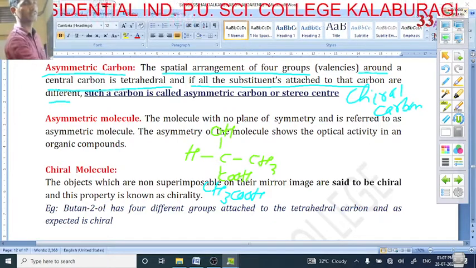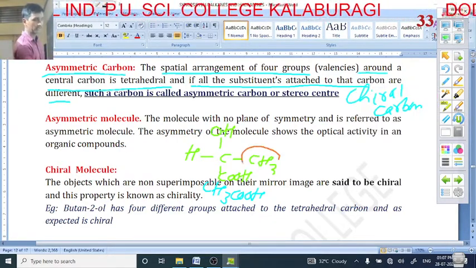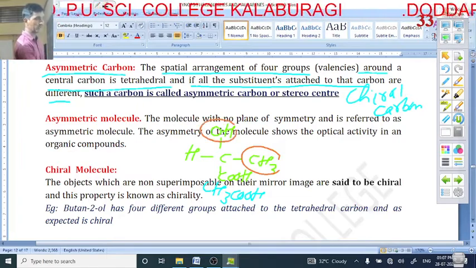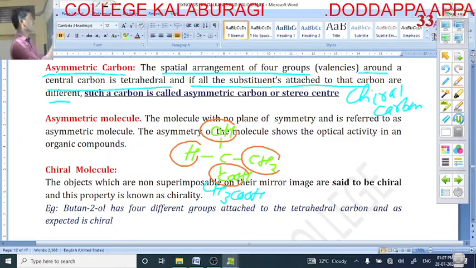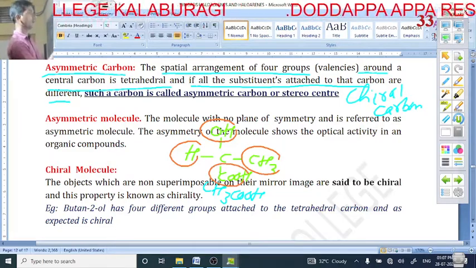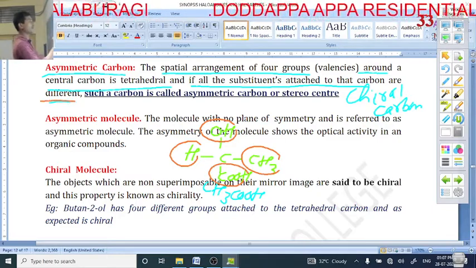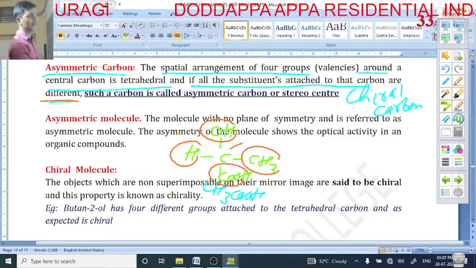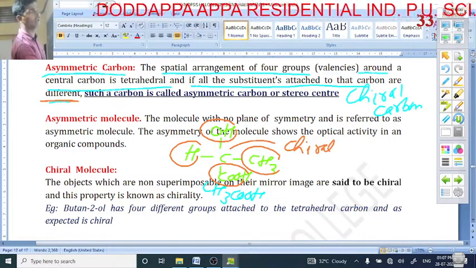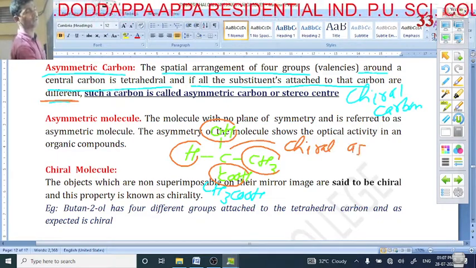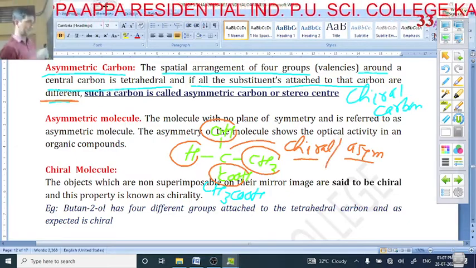My dear students, here CH3 is different, OH is different, H is different, and COOH is different. All four substituents attached to the carbon are different, so it is called chiral, or asymmetric.